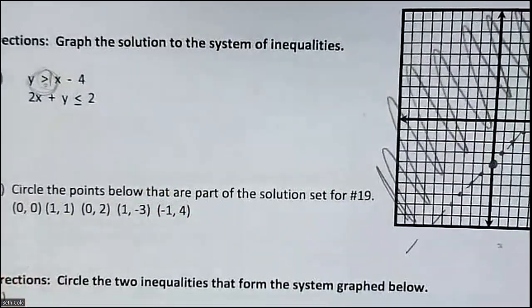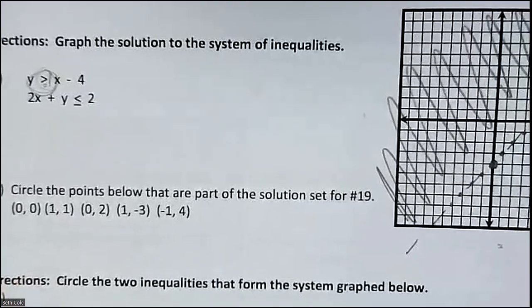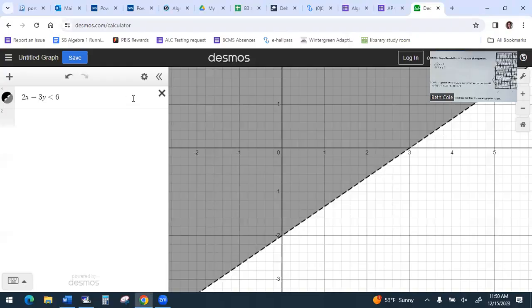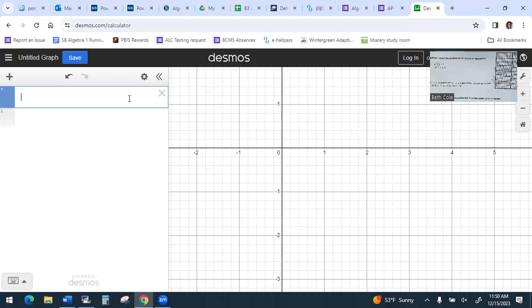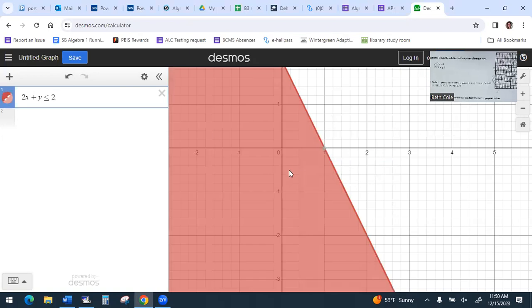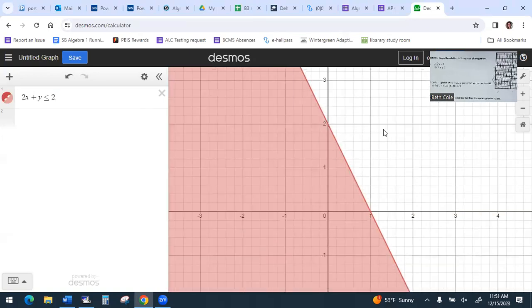Now, the other one is not in y equals mx plus b, so I will type that in for us. It is 2x plus y is less than or equal to 2. All right, let's find some pretty points. Where is there a pretty point? All right, 0, 2. And then it looks like it's going down 2 over 1. Do you guys see that?